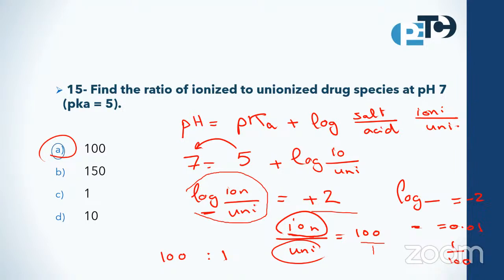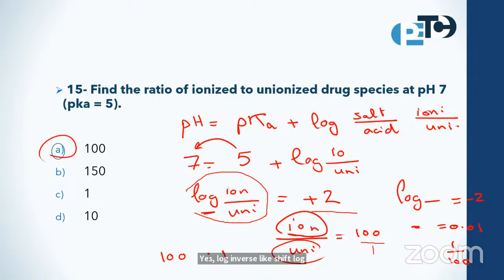When you use the calculator here, you should use the anti-log. You should use shift log 2, and it will give 100.